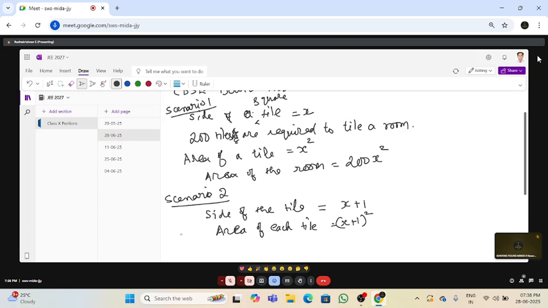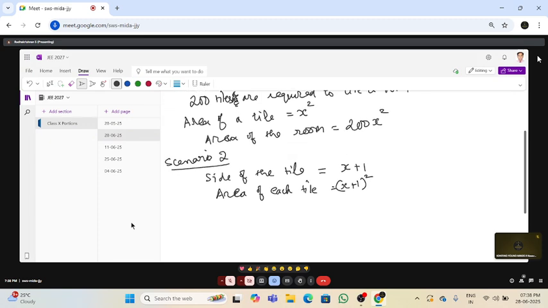And now how many tiles are required? If you increase the size by 1, it says 128 tiles are required to cover the floor. So in this scenario, the area of the room is 128 into x plus 1 whole square.